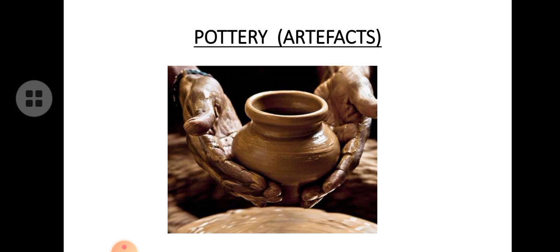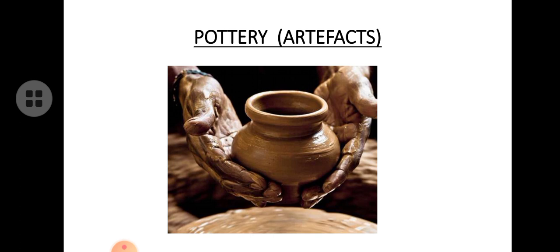In archaeological sources, the first type is artifacts. So what are artifacts? All the handmade materials, we call them artifacts. See here, pottery. Pottery is made by man through his hands using clay.